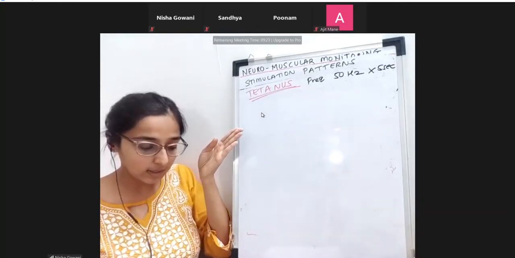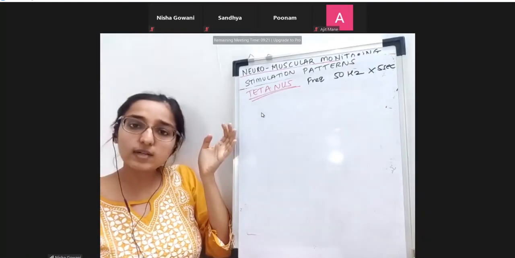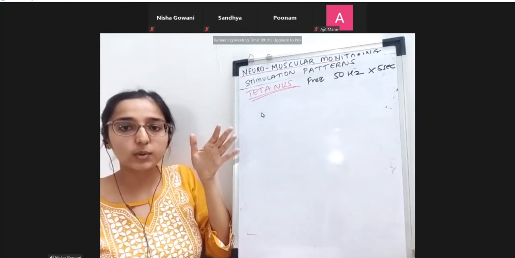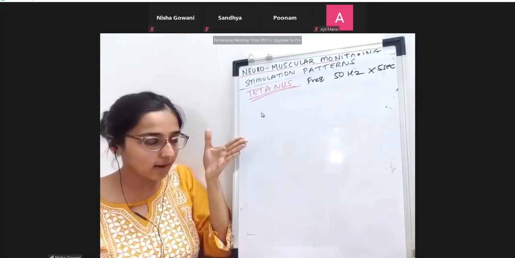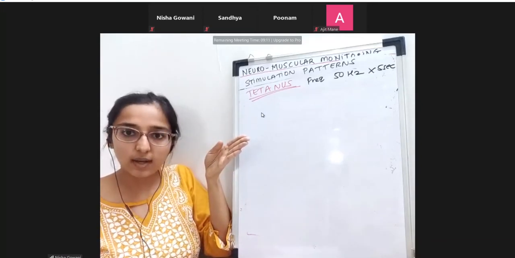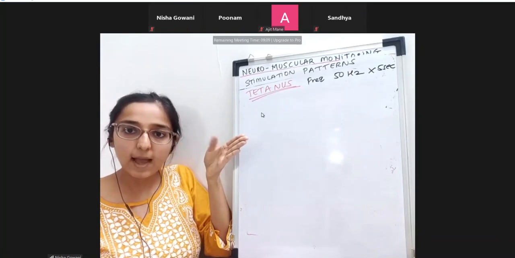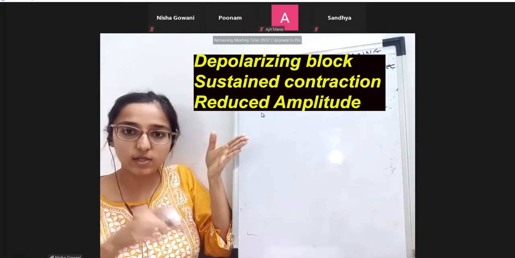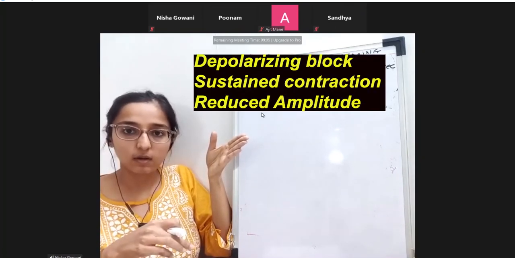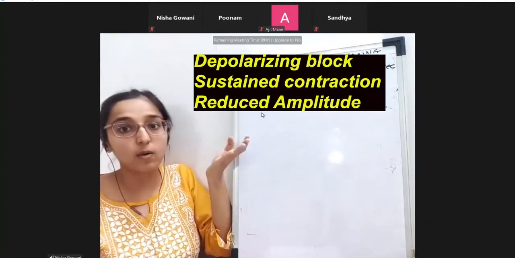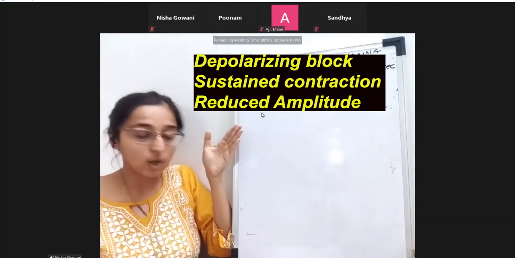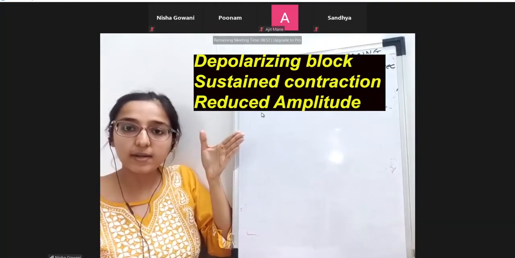Then if you have given scoline to the patient and the patient is now completely relaxed, what will happen? There will be a sustained contraction, but the amplitude will decrease. Once you give scoline and press TET, the action of scoline is still coming, but you are in a hurry. You want to keep checking how everything is working. So you pressed it, and then what will happen?